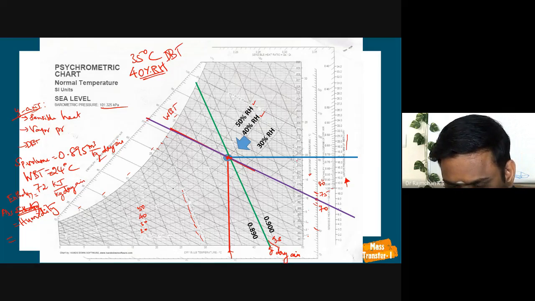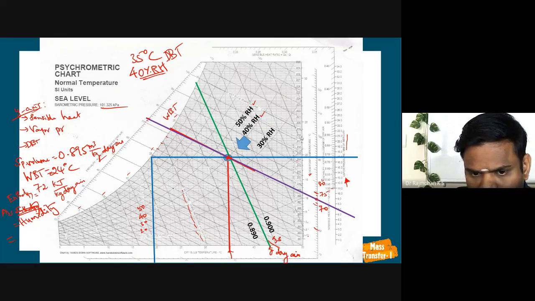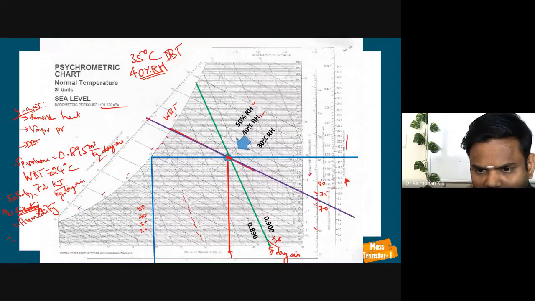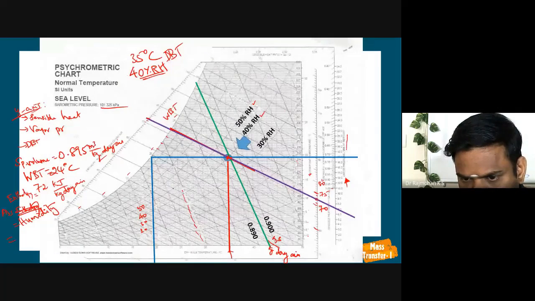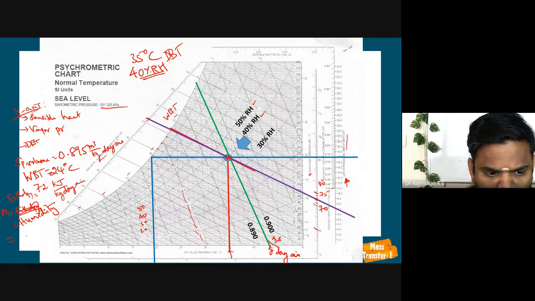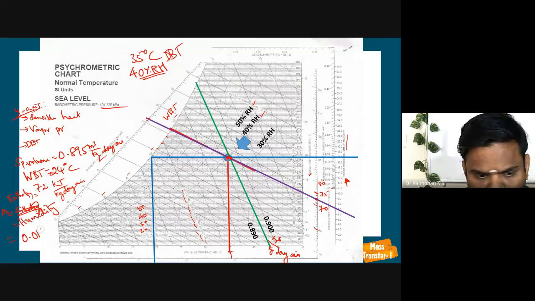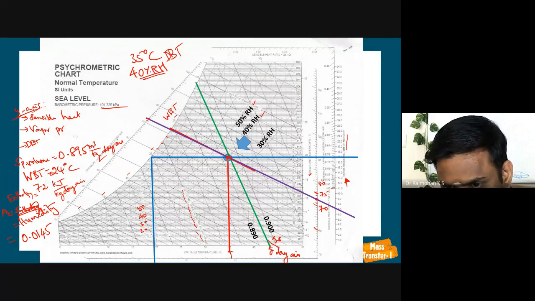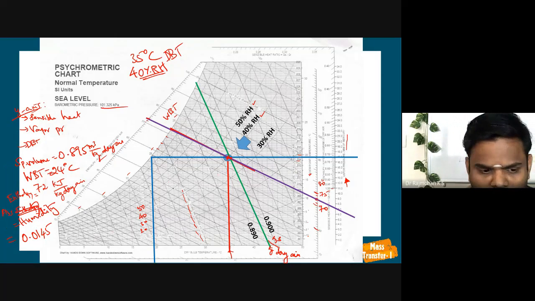You can see that this line is 0.014 and this is 0.015. So we have this point in between, so we have 0.0145. 0.015 is here, 0.014 is here, and in between that we take it. So that is absolute humidity.